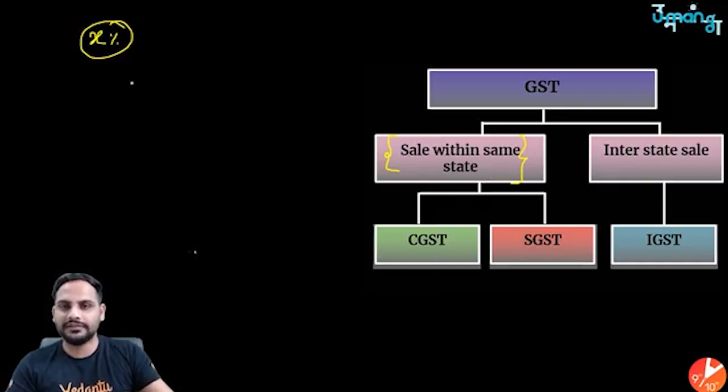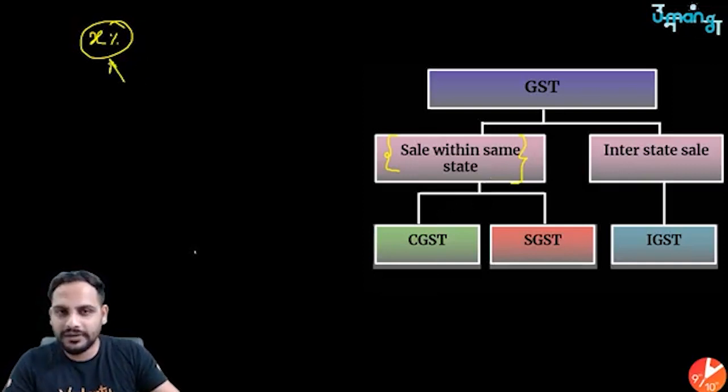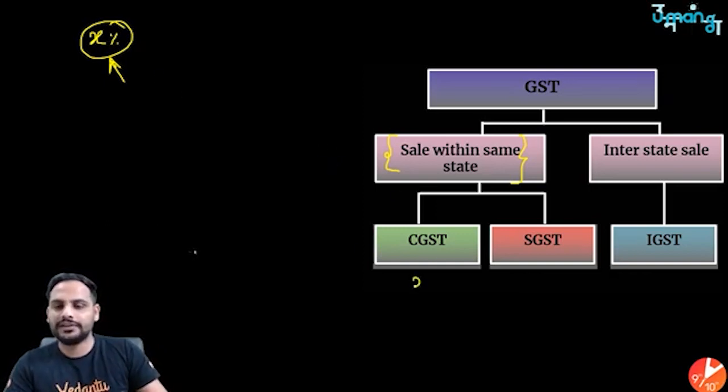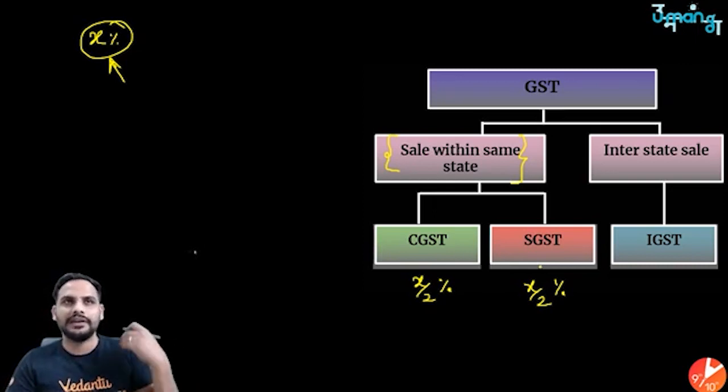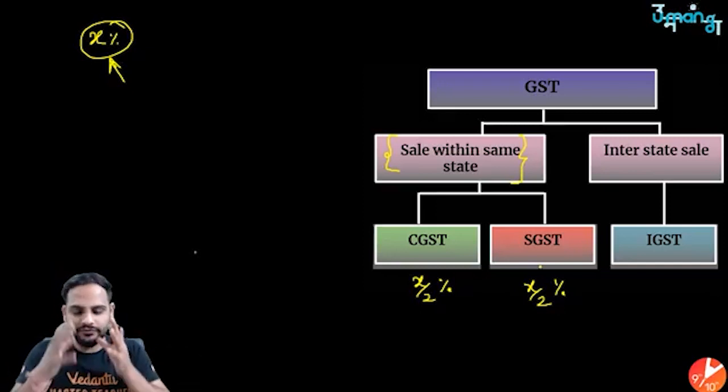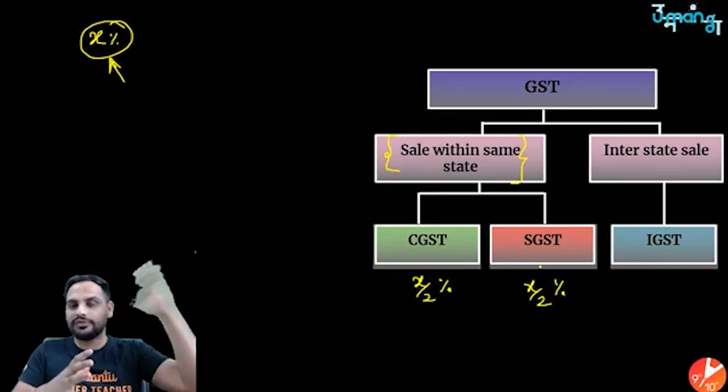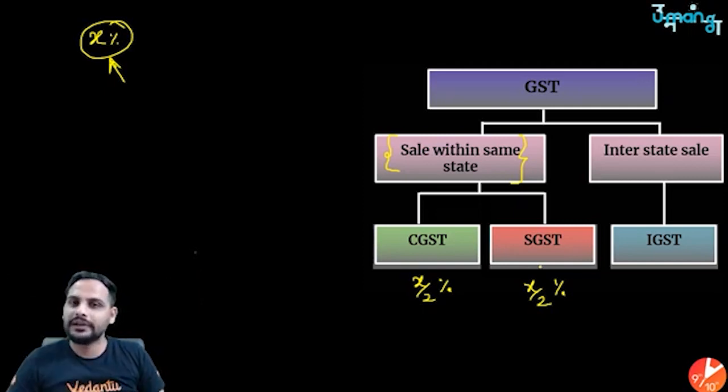Out of that X percentage, half will go to the central government, that is CGST, central GST, and half will go to state GST, if the business is done within the state only. Got it? Suppose I am a seller and I have received 5,000 rupees as GST. Out of those 5,000, 2,500 will go to the central government and 2,500 to the state government.